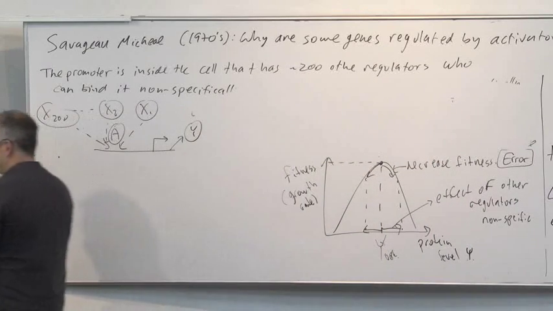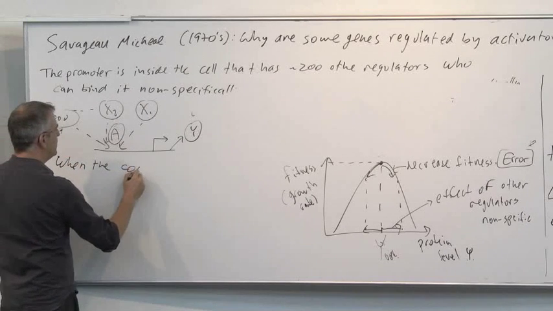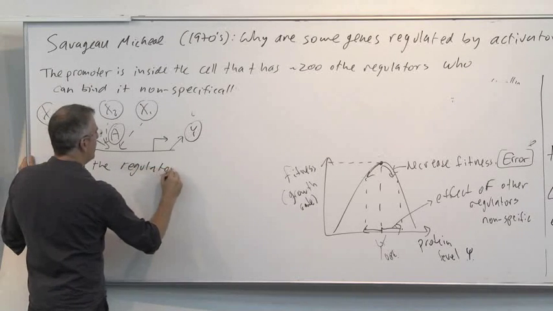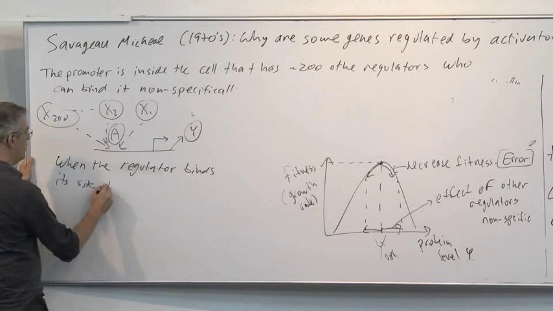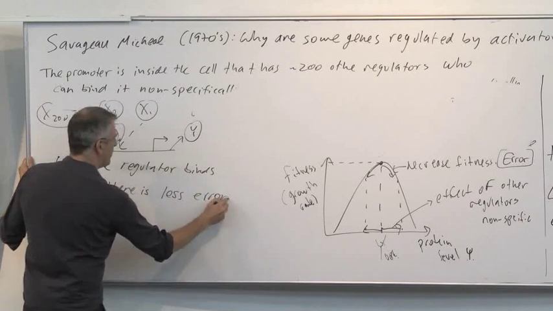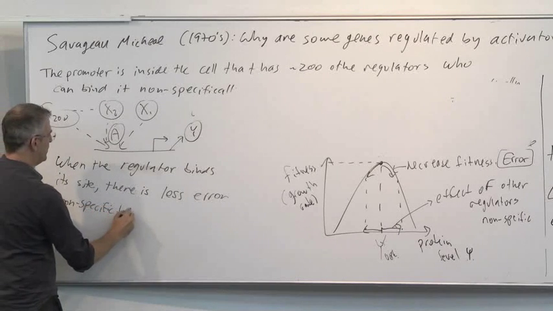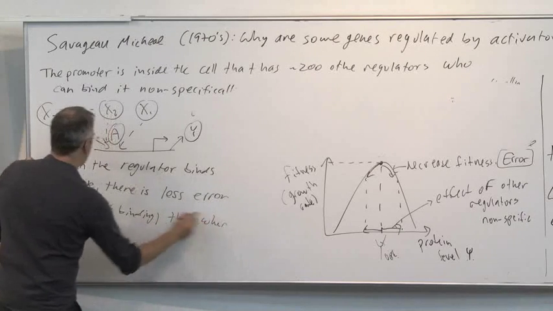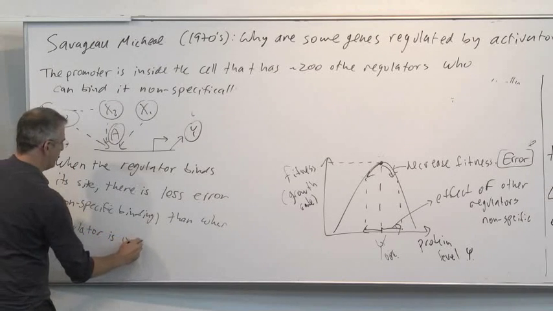I want to say that when the cognate regulator binds its site, there is less error, nonspecific binding, than when the regulator is unbound.